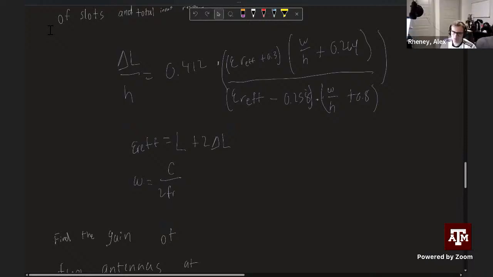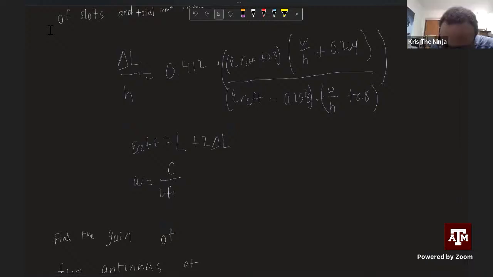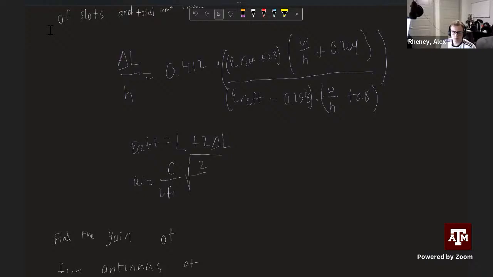The C over 2 FR, and then it's times the square root of 2 over epsilon R plus 1. Okay, cool. Epsilon R is given as 1.7. What is FR? Resonant frequency?